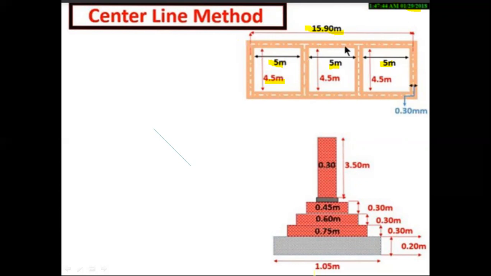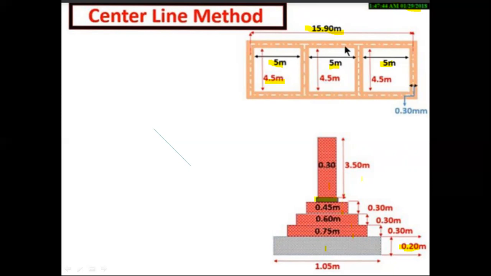Here the section of the footings is given as 1.05 meters. It is a CC bed, and the height or depth is 0.20 meters for the CC bed. Then there are the first footing, second footing, plinth, and the DPC, damp proof course.